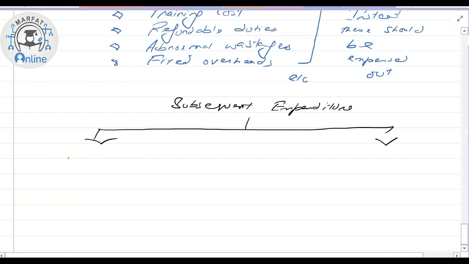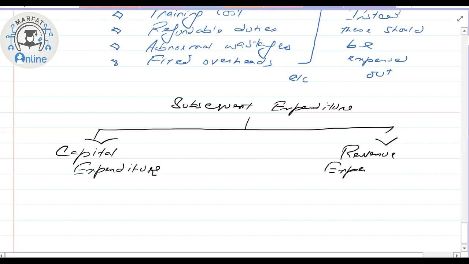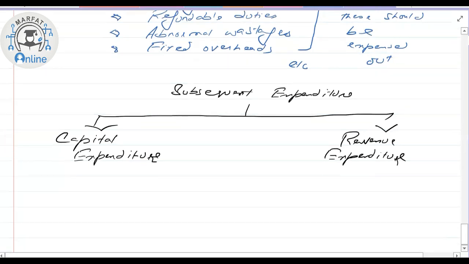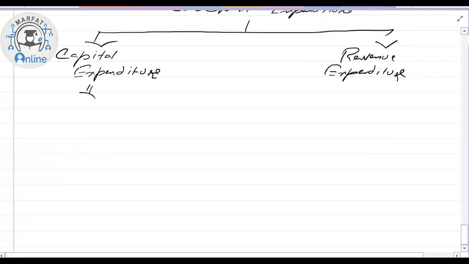So in the subsequent expenditure, the first thing is capital expenditure. Now you have studied these things so many times in your initial accounting papers, but let me repeat again: capital expenditure and revenue expenditure.